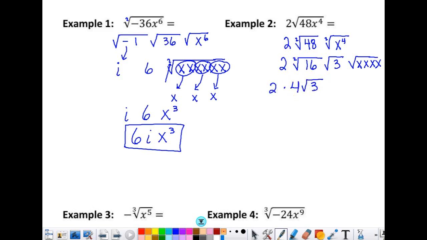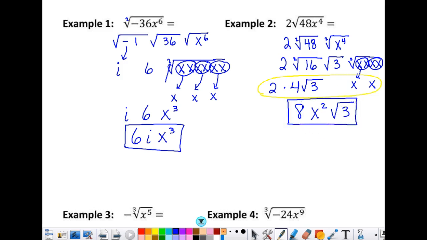And then, how many do we circle here at a time? Well, we're doing the square root, so we put 2 in each circle. An x comes out and an x comes out. So we basically have this information right here. And let's clean it up a little bit. So we have 8. The x and the x come out from underneath the square root sign, but the square root of 3 did not.